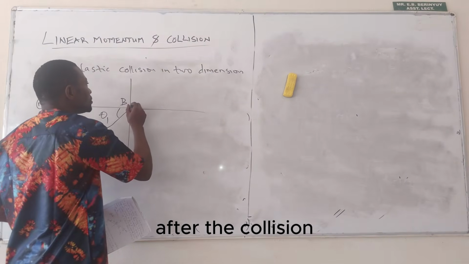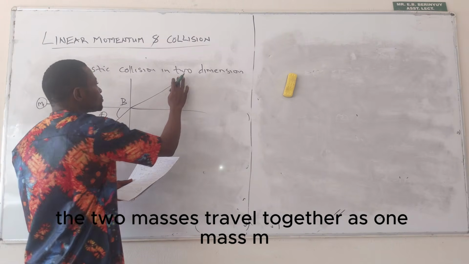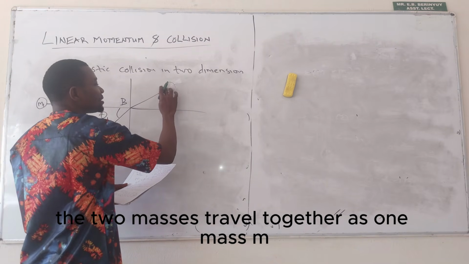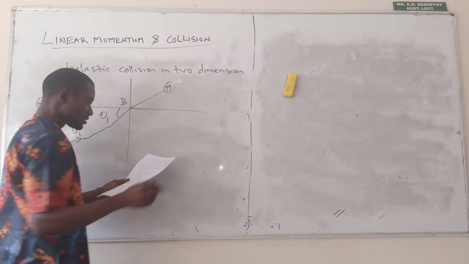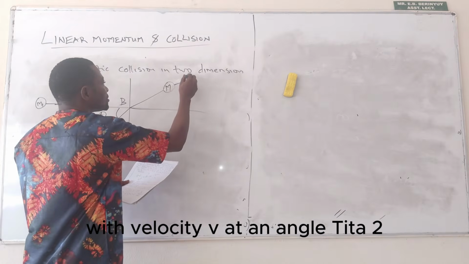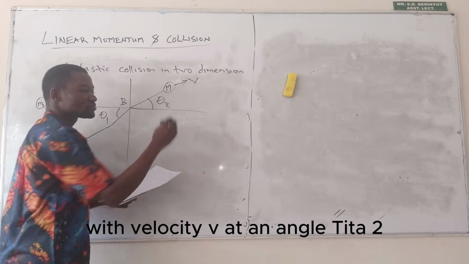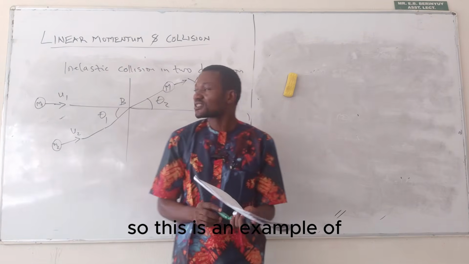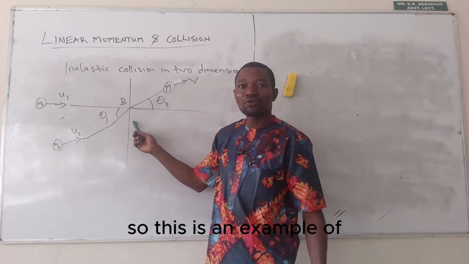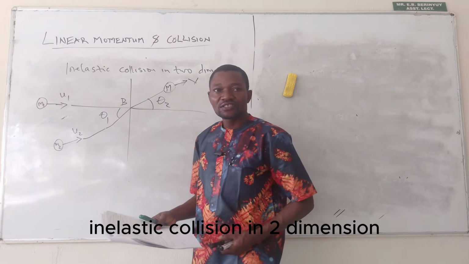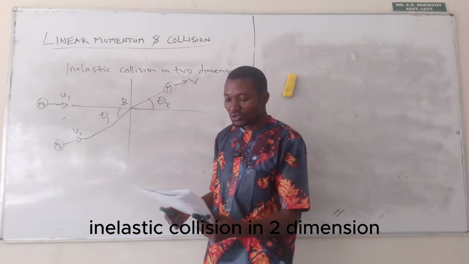Okay, after the collision, the two masses travel together as one mass, m, with velocity v at an angle theta 2. So this is an example of inelastic collision in two dimensions.